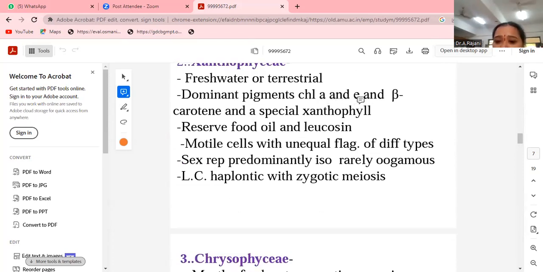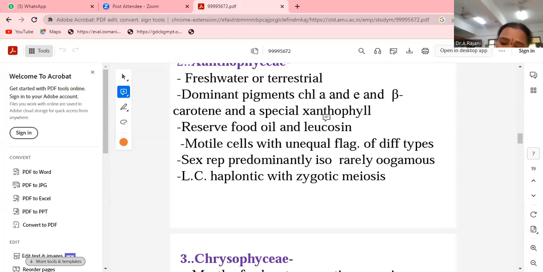The other pigments are chlorophyll E and beta carotenes, and special xanthophylls, such as the E xanthophyll. The special type of carotenes, beta carotenes, and some other xanthins are also present. That is the pigment system. Another very important character, reserve food material, is called oils, leucosin. See, these are the pigment system and the reserve food material.